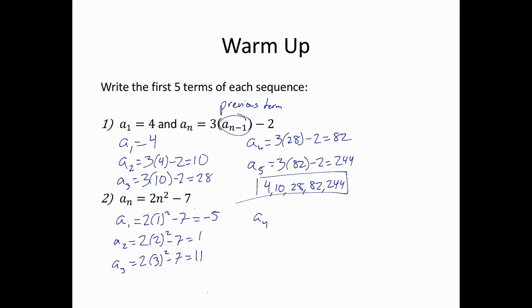A sub 4, we got 2 times 4 squared minus 7. 4 squared is 16, times 2 is 32, minus 7 gives us 25. And finally, a sub 5 equals 2 times 5 squared minus 7. 5 squared is 25, times 2 is 50, minus 7 is 43. So the first 5 terms of that sequence: negative 5, 1, 11, 25, and 43.